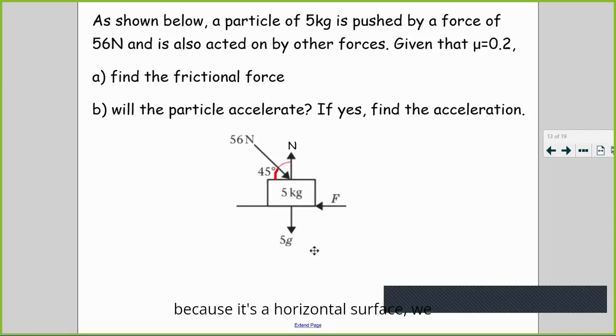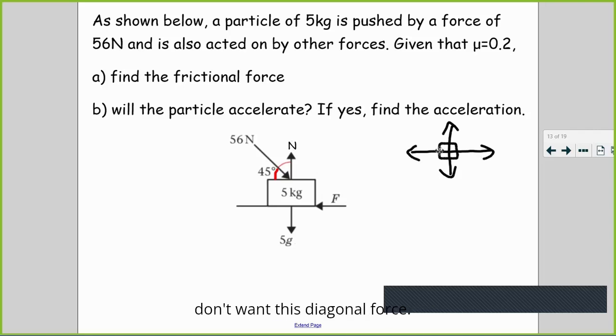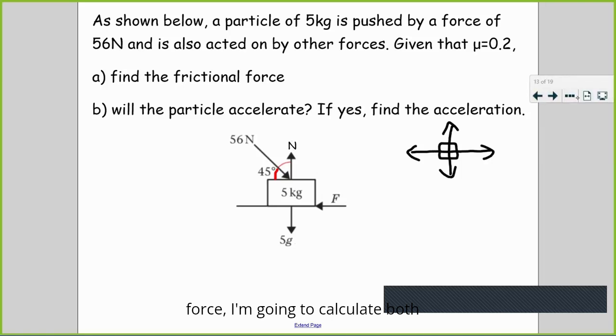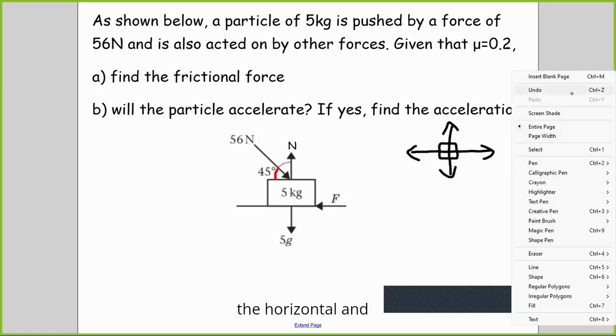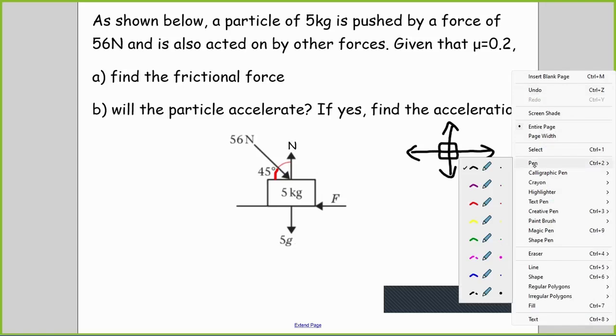Now, again, because it's a horizontal surface, we want all our forces to be either horizontal or vertical because they have to be at right angles. So we don't want this diagonal force. With this 56N diagonal force, I am going to calculate both the horizontal and vertical components.